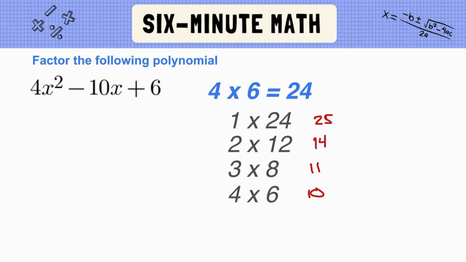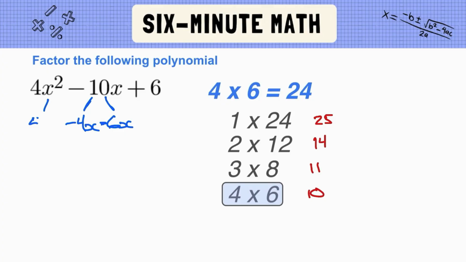We're looking for it to be 10. So I can split that middle b value up using my 4 and my 6. Both of them are going to be negative in this case because I have a negative 10x.